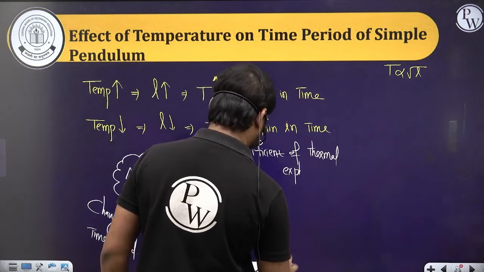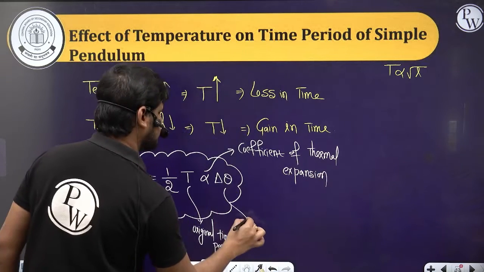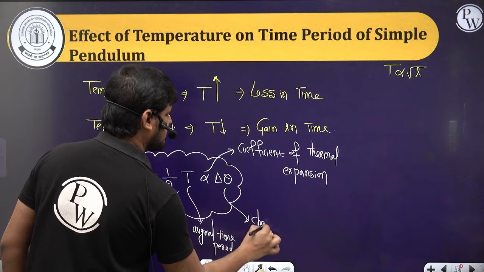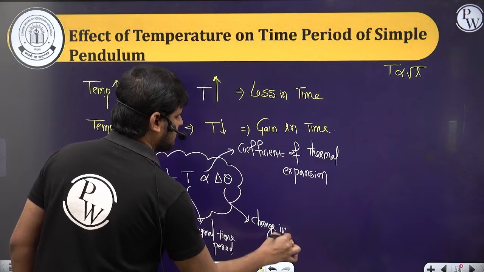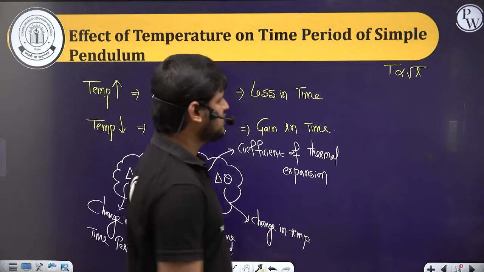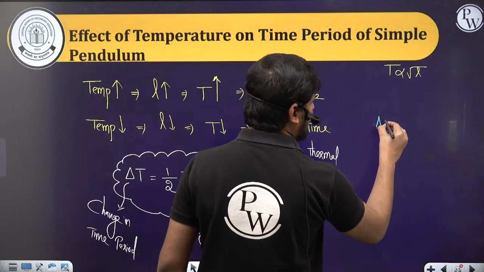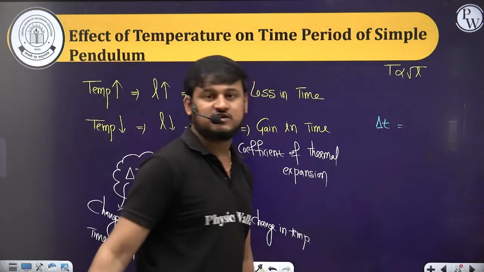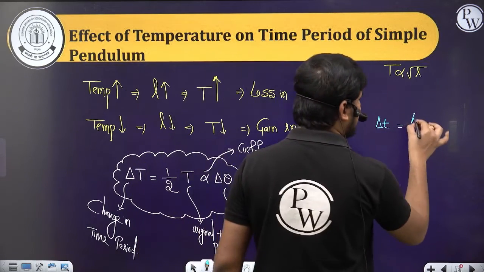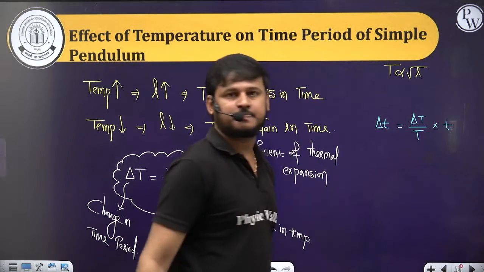And then delta T is the change in temperature. So then what is the loss or gain in time? The delta T formula we have also seen. So this is the loss or gain in time, which is equal to delta T by T into the given time.